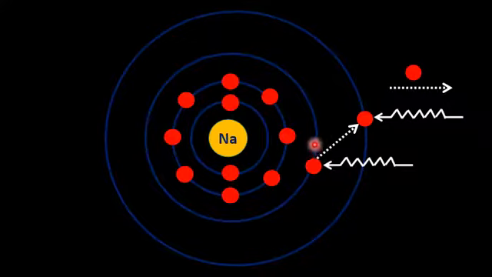Due to external heat, the electron will have a higher energy, and due to the higher energy the electron will jump from this shell to a higher energy level, or a higher shell.